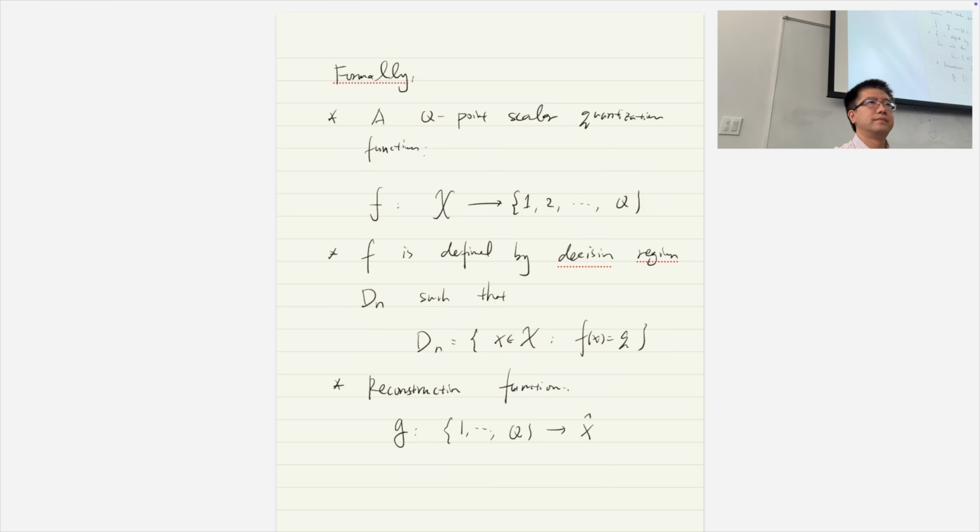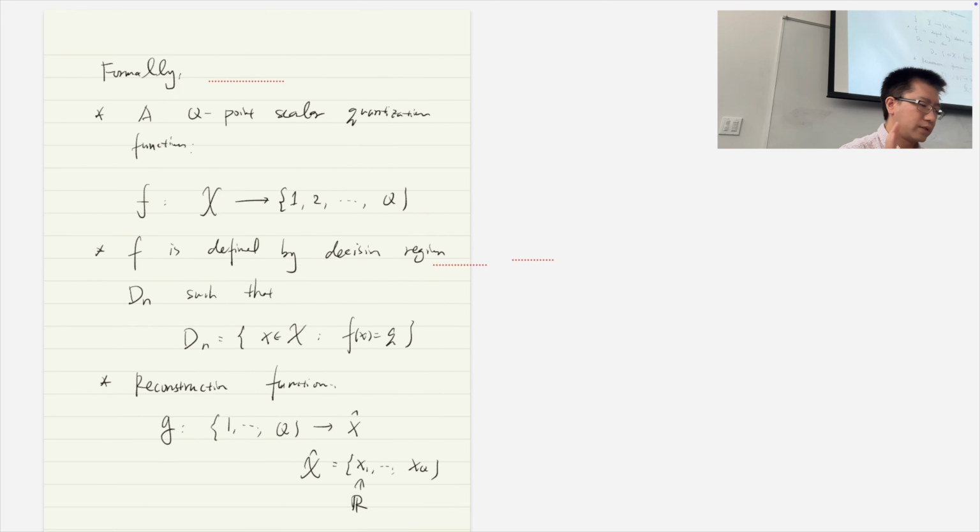And x hat is nothing but, let me write it this way, the set of x hat is x1 up to xQ, and each one is in R. So that's basically the encoding function and decoding function.